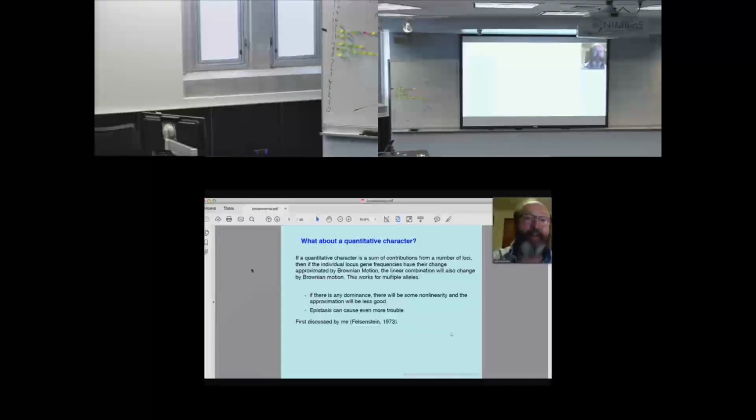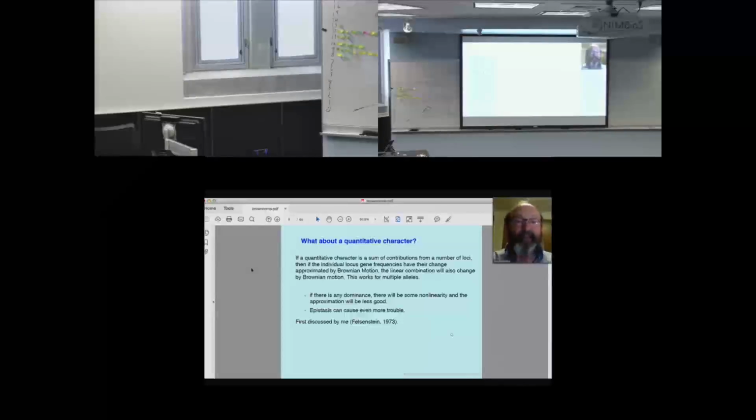then you might ask, okay, you're talking about a single locus. What about a quantitative character? Well, in our simplest models, a quantitative character is a sum of contributions from a number of loci. And you could say the individual loci are approximately changing independently, roughly at linkage equilibrium at different loci, and each one is changing by this approximate Brownian motion.